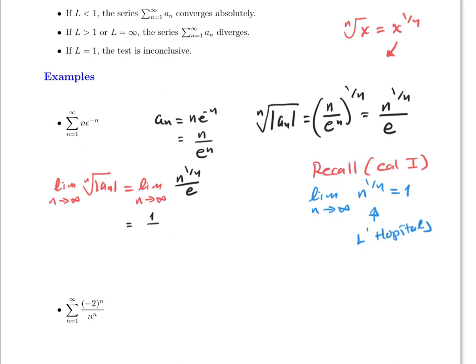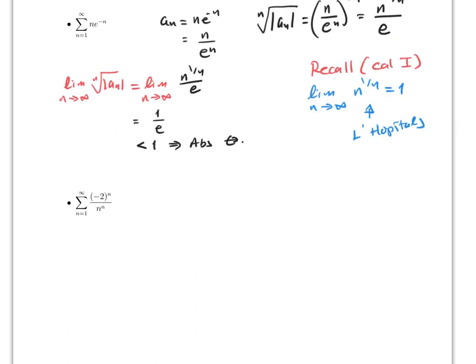So this is essentially 1 over e, which is less than 1, and therefore, again, it is absolutely convergent. Just for the record, if this had been backwards, let's say e over 1, that would be more than 1, and therefore it would be divergent.